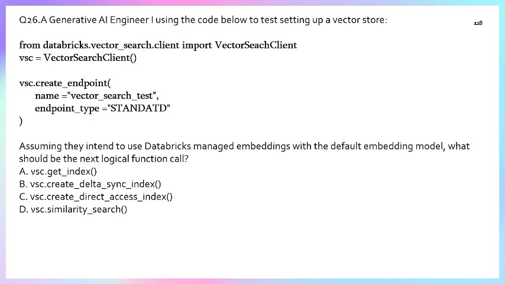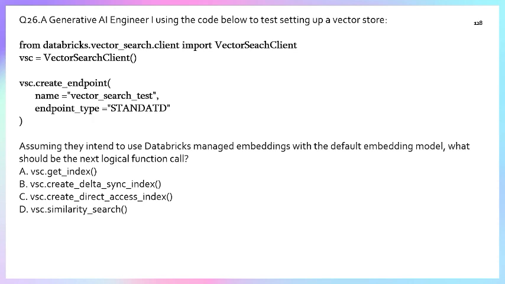VSC.get_index: this function is used to retrieve an existing index, not to create a new one. Right, so this would not be the next step. VSC.create_delta_sync_index: this function is used to create a vector index that automatically synchronizes with the data table. This is the correct method for creating the Databricks managed embedding index.